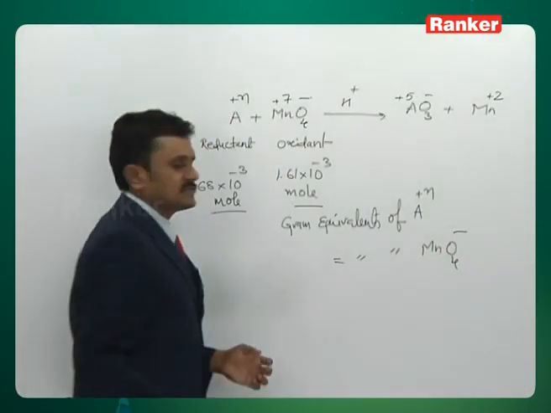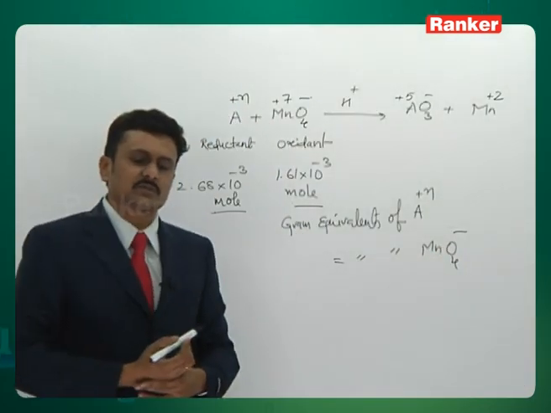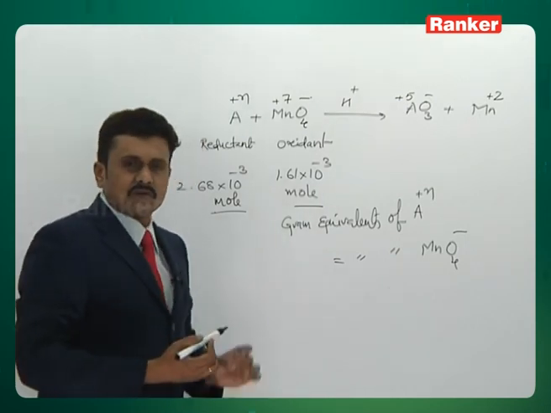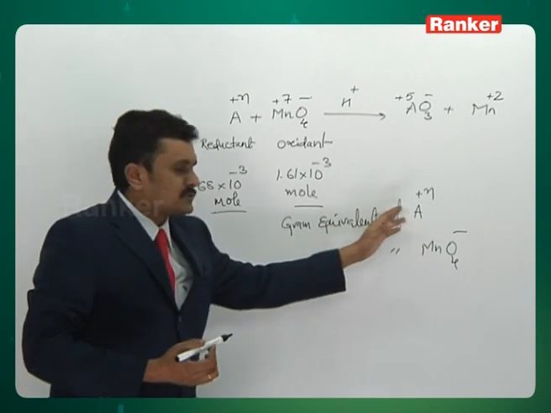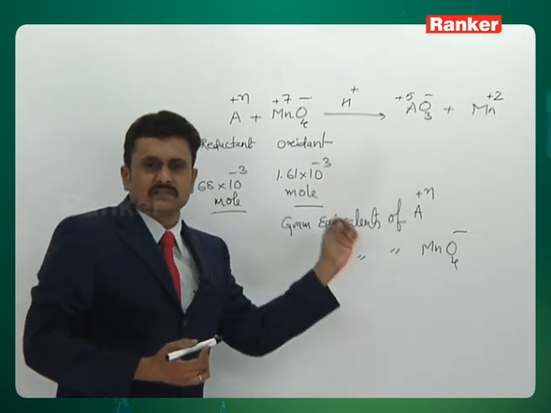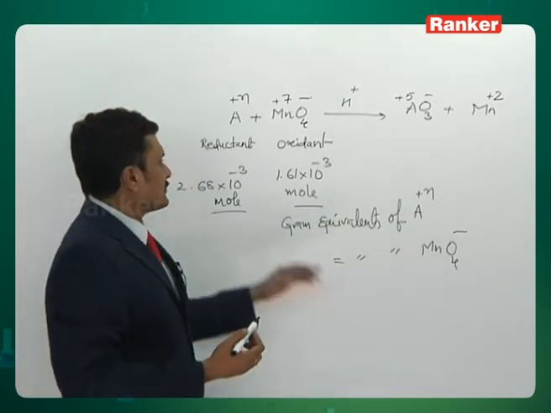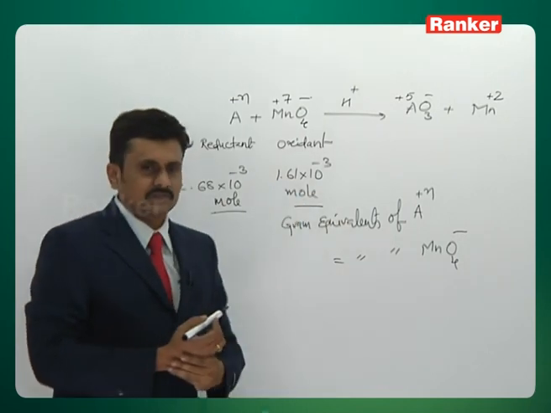This is what we have learnt in stoichiometry: the gram equivalence of two substances reacting completely will always be equal. Hence I am equating the equivalence of these two substances.